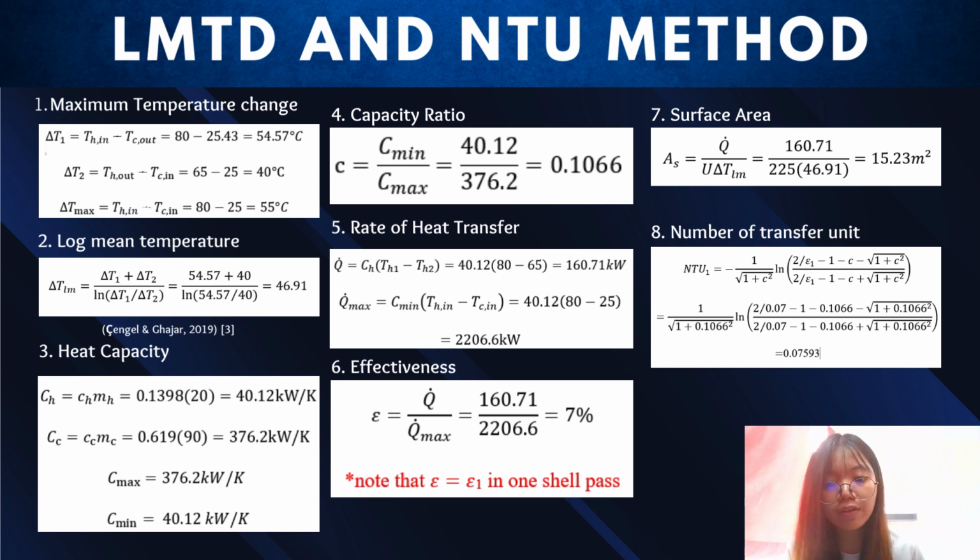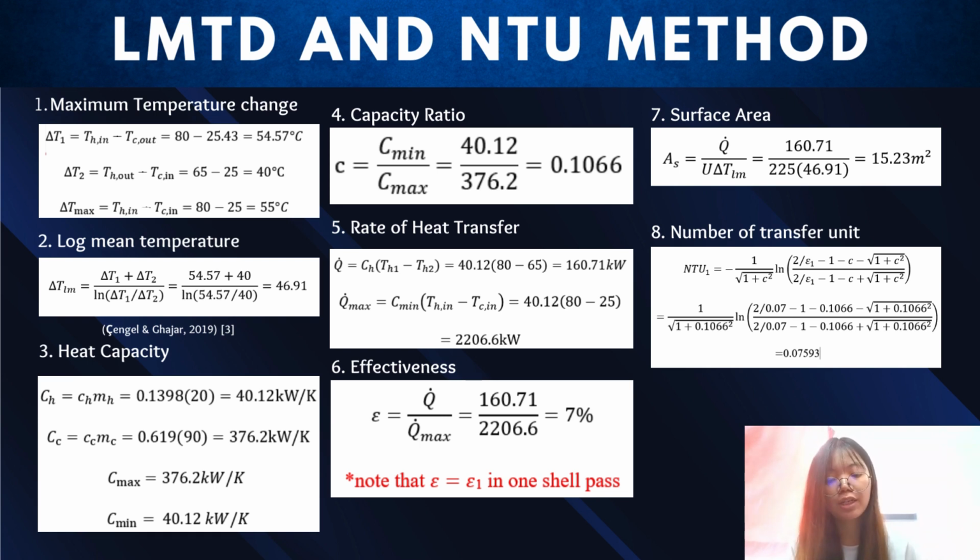And then we calculate the rate of heat transfer. The rate of heat transfer will be equal to 160.71 kilowatt. And the maximum heat transfer will be equal to 2206.6 kilowatt. And then we are able to calculate the effectiveness, which is equal to the rate of heat transfer divided by the maximum rate of heat transfer. And then we got 7. Our effectiveness is 7%.